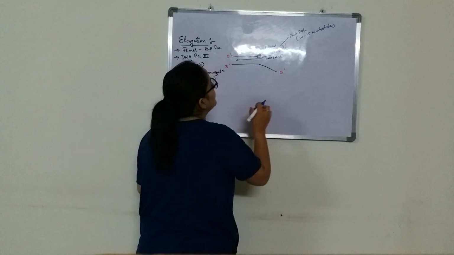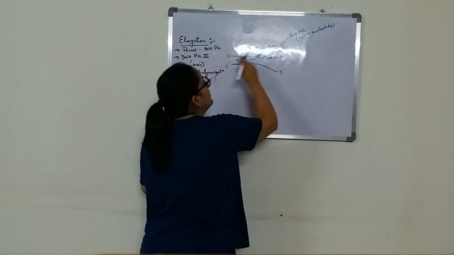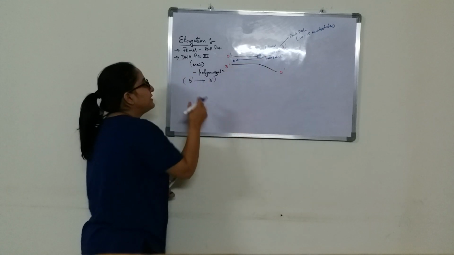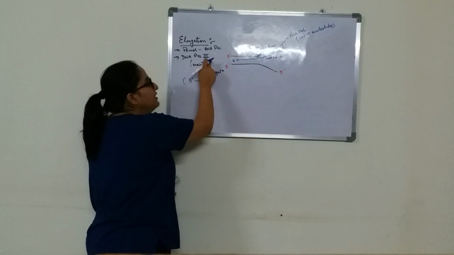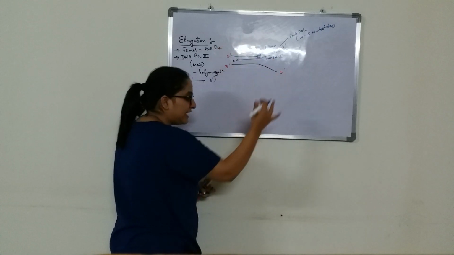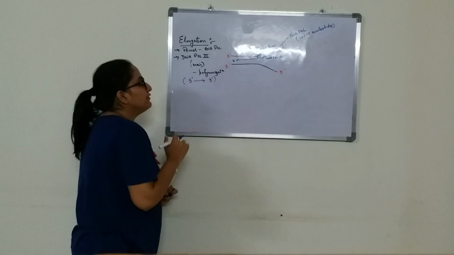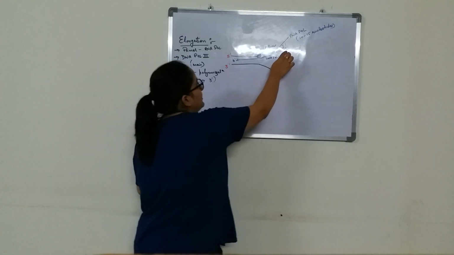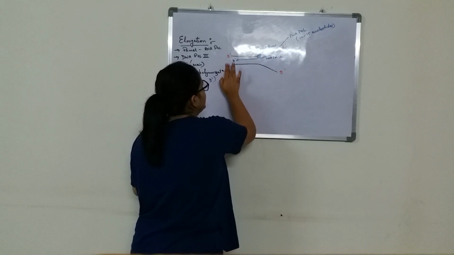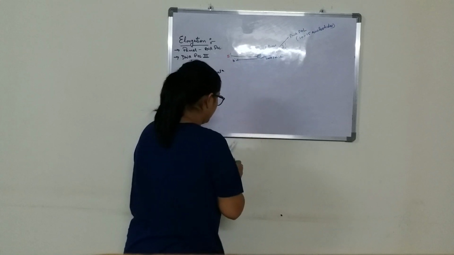The replica that it is forming is from 5 prime to 3 prime end, which is the main direction of DNA polymerase 3. So it will keep on adding the nucleotides and keep on making the new strand. While if you see this direction is 5 prime to 3 prime, then the down direction, let us make it again.